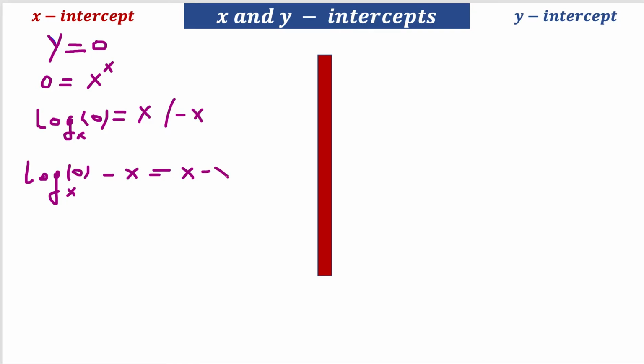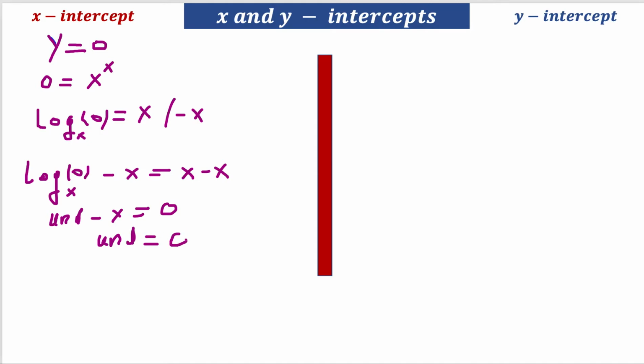Consider that x is a finite number, and log base x of 0 is undefined. Let me write undefined, UND, minus x is equal to 0. So for any finite value, undefined minus any finite number is going to be undefined. Undefined is equal to 0.